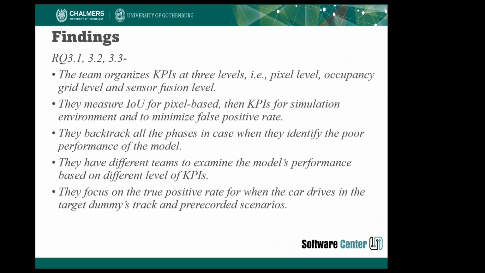They have different teams that examine the performance of the model at different KPI levels, and they also focus on the true positive rate. They have a target dummy track, and on that track they analyze the true positive rate.